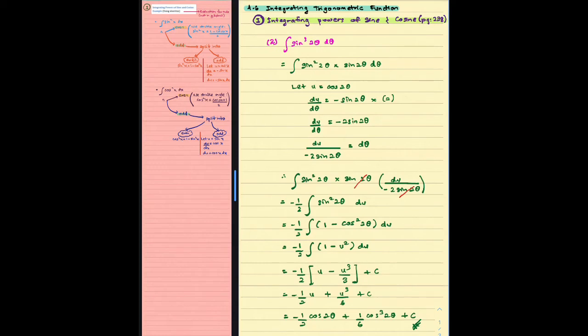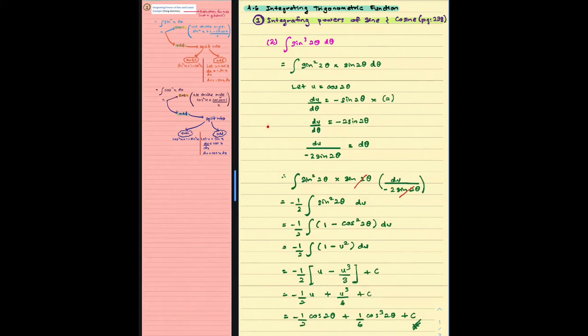If it is sine odd, let u equal cos 2 theta. Differentiate cos 2 theta, we get negative sine 2 theta multiplied by 2 because this is a derivative of a composite function. So simplify, we get negative 2 sine 2 theta.